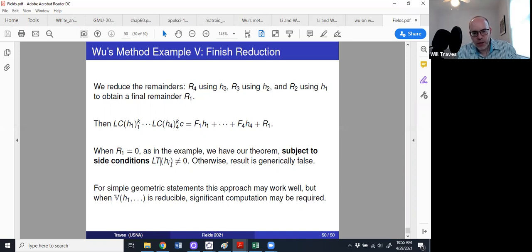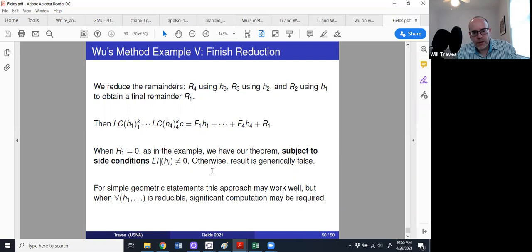The leading coefficients are the side conditions. So if this remainder is 0, and it is in our example, then your theorem is true, subject to these side conditions. And if it's not 0, then your theorem is actually generically false, is my interpretation of that.